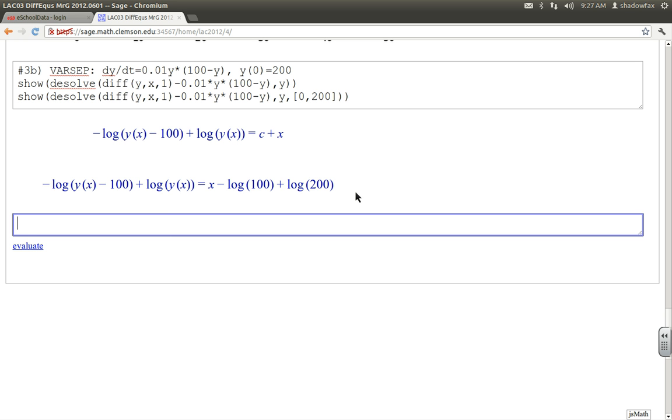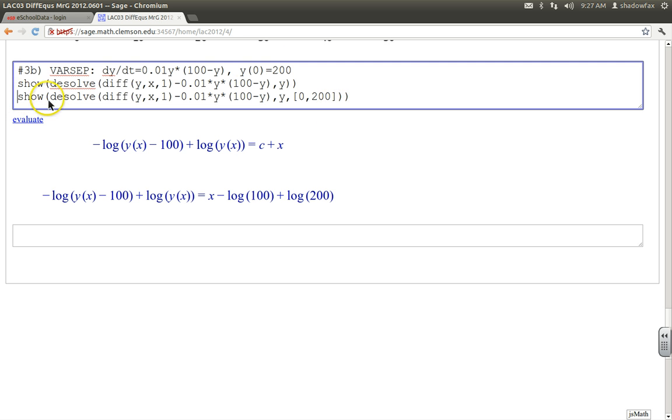How in the heck are we going to get y alone? Yeah, but you can't eat it because there's a negative in front. Let's see, what about this? All right, wait, hang on.